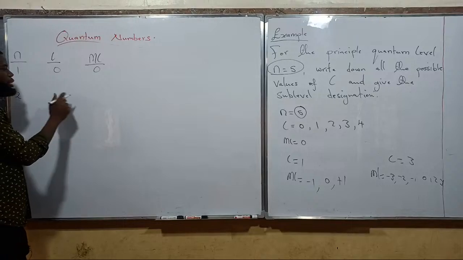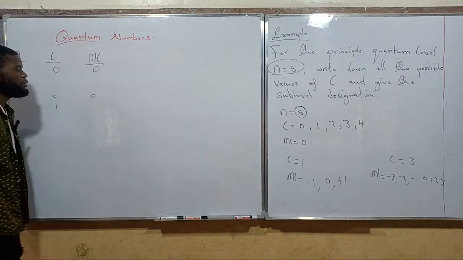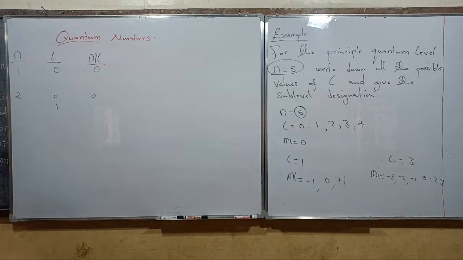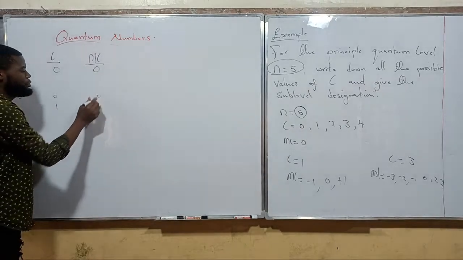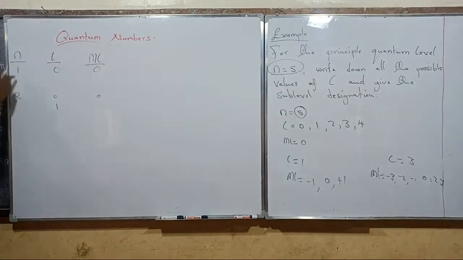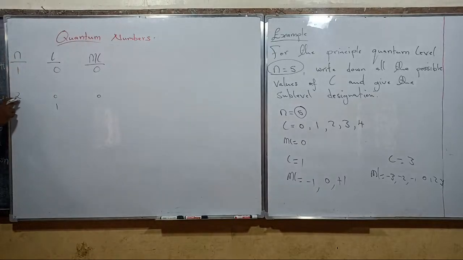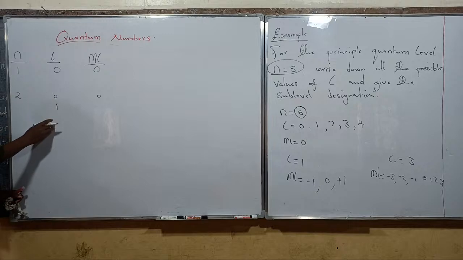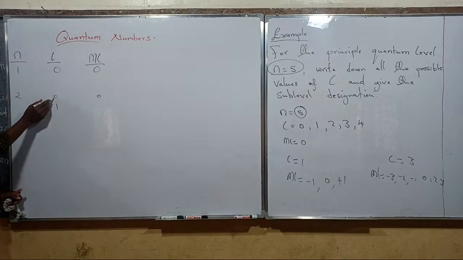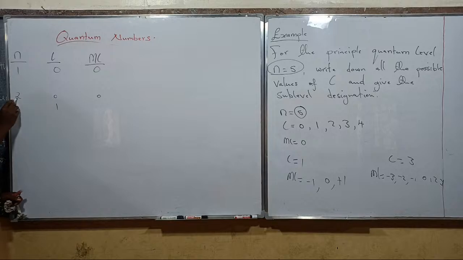If L is 0, ML is also going to be 0. So if the principal quantum number is 2, L, the angular momentum quantum number, is going to have values starting from 0 up to where 2 less 1, meaning up to 1.